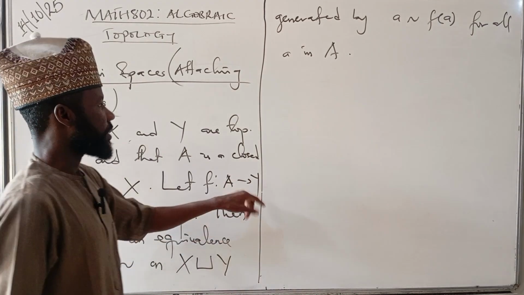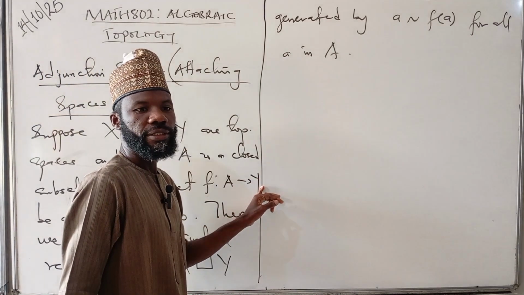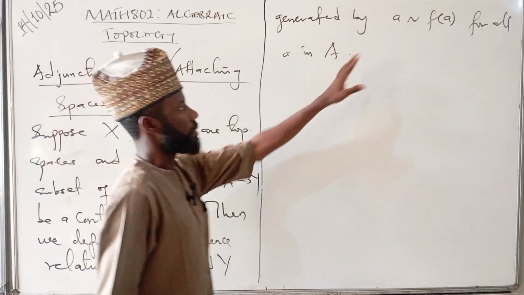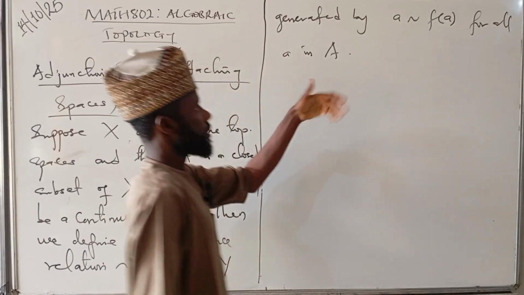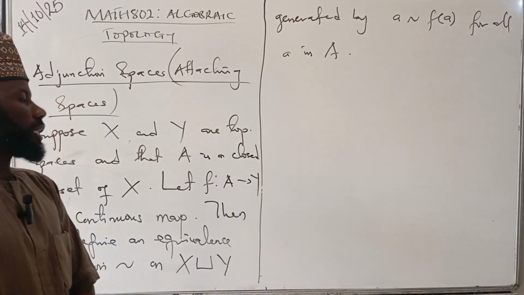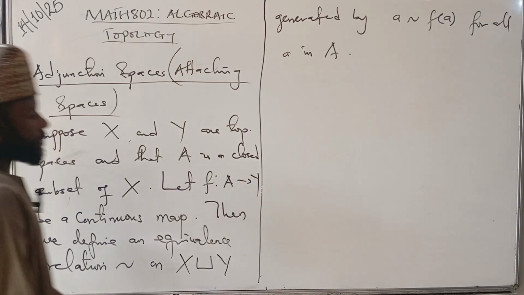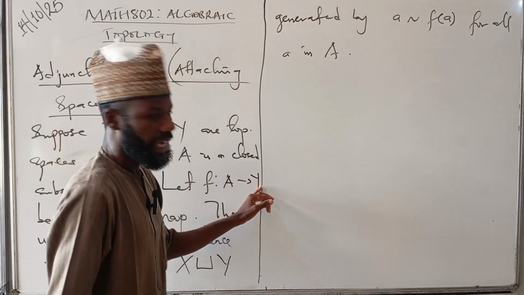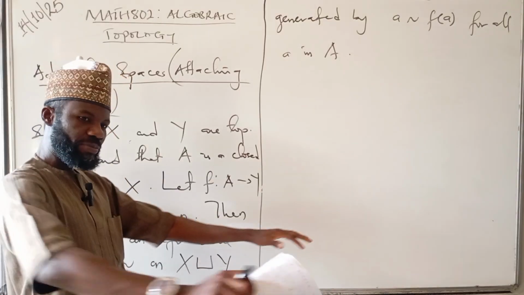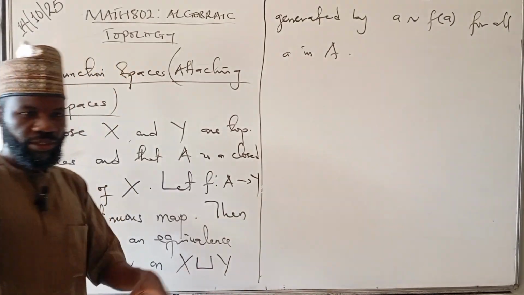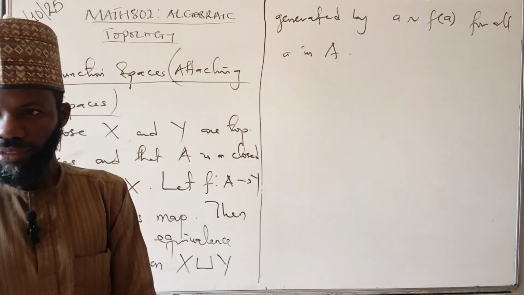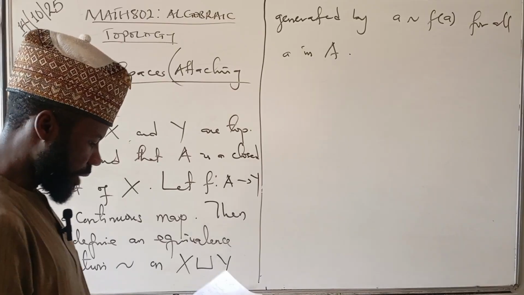What we mean by generation is that you use this as the basis to generate an equivalence relation. So points in A along with their images in Y will constitute one equivalence class, and the remaining points in the complement will consist of singleton equivalence classes because they relate only to themselves.